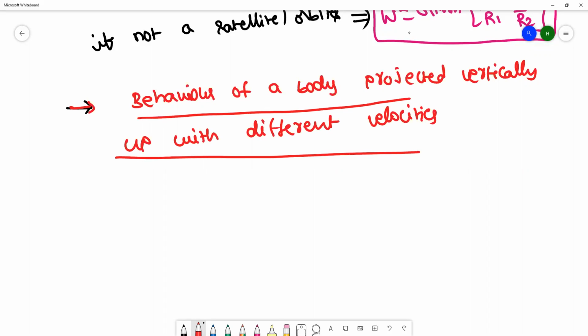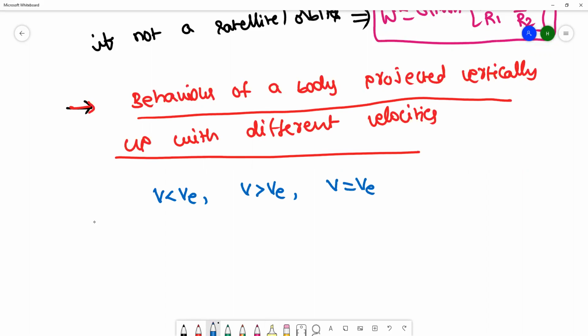Simple condition: if the body is projected with velocity v less than ve, what will happen? v greater than ve, what will happen? v equal to ve, what will happen?